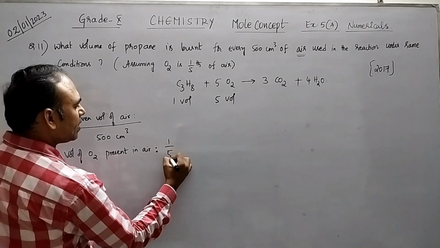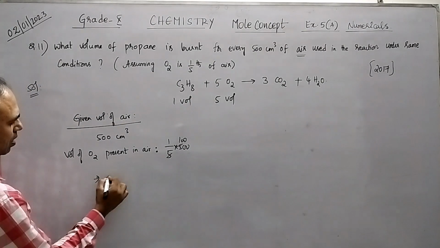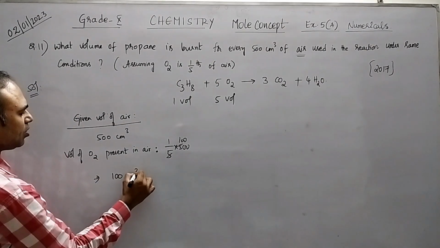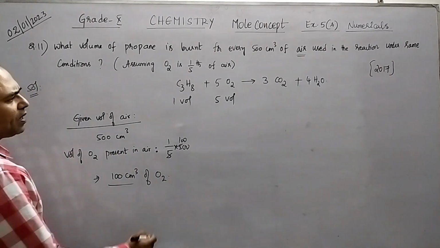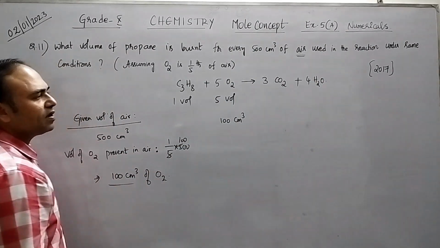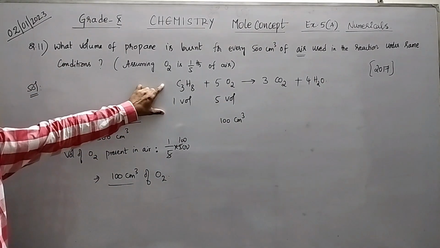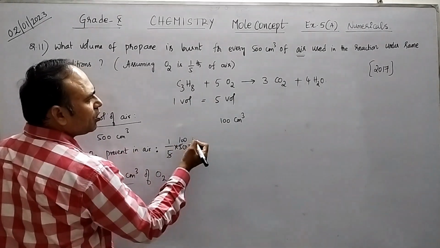So we can take it as 1/5 into 500, nothing but 100 centimeter cube. So we have 100 centimeter cube of oxygen. Very simple. They are asking what is the volume of propane which is required. So 1 volume of propane needs 5 volume of oxygen.